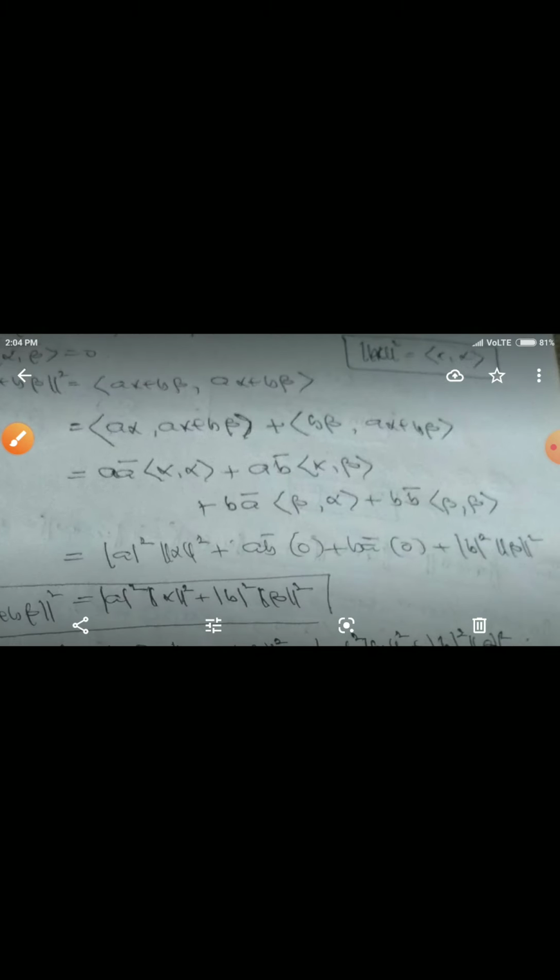Again, similarly, we can write for B beta. So B into A conjugate inner product beta alpha, plus B into B bar times inner product beta beta.